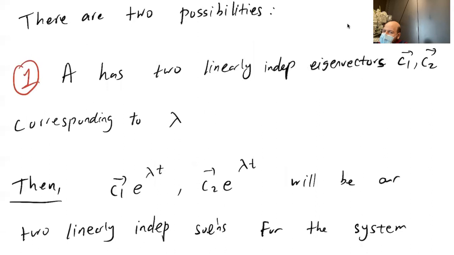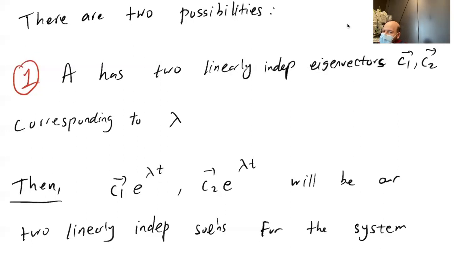My assumption is that C1 and C2 are linearly independent, and this implies that C1 e to power lambda t and C2 e to power lambda t are also linearly independent. We have seen a similar case before where we proved that solutions are linearly independent based on the linear independence of the vectors. You can simply use the definition of linear independence.